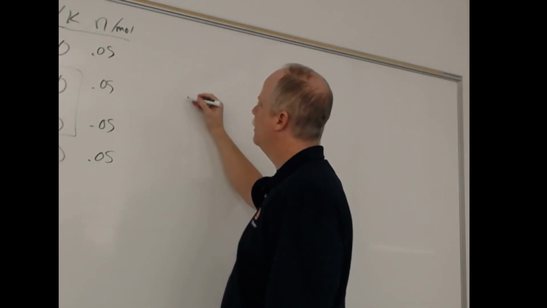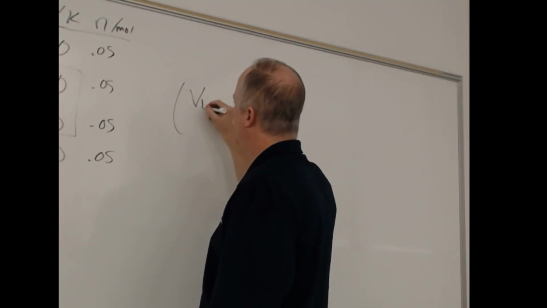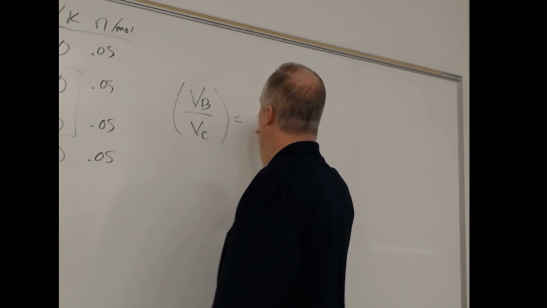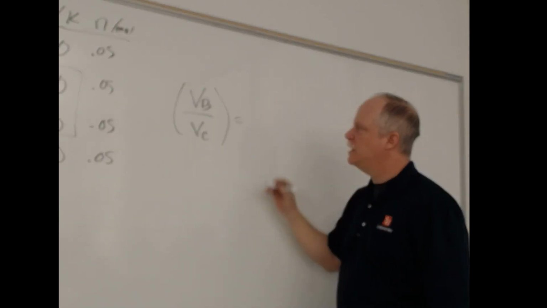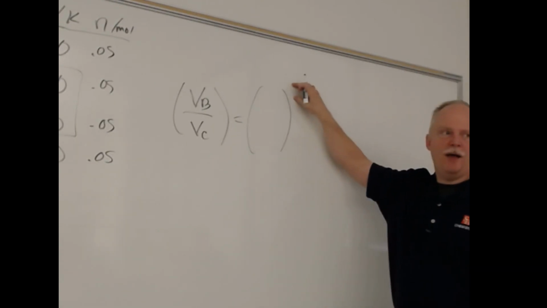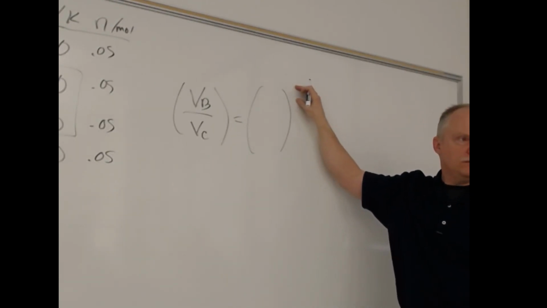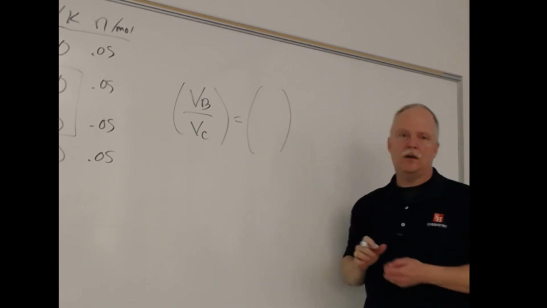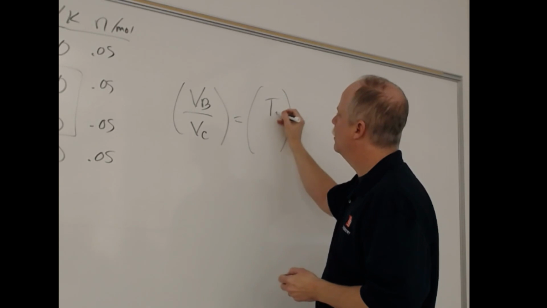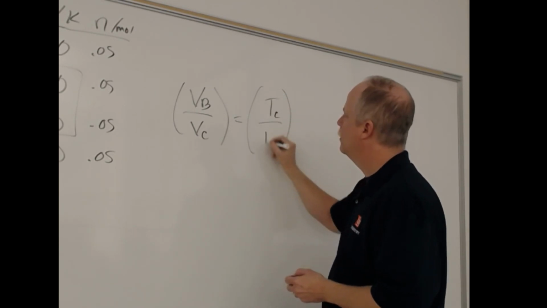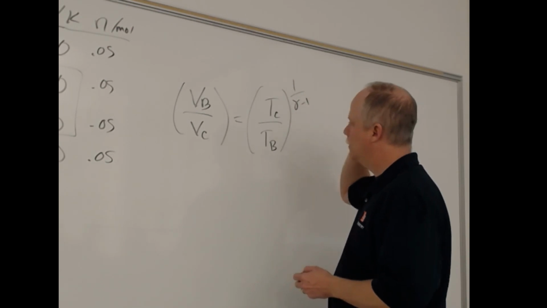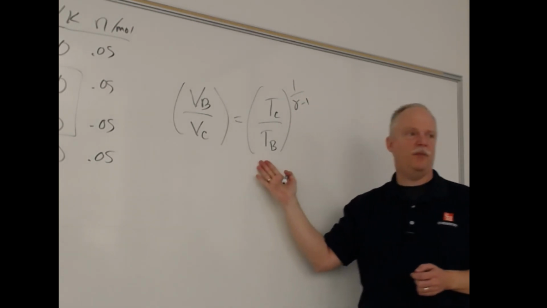We'd like to find VB over VC is equal to some relationship of temperature and then some relationship with gamma in the top: TC over TB, and then the exponent will be 1 over gamma minus 1. Okay? So that's the adiabatic relationship.